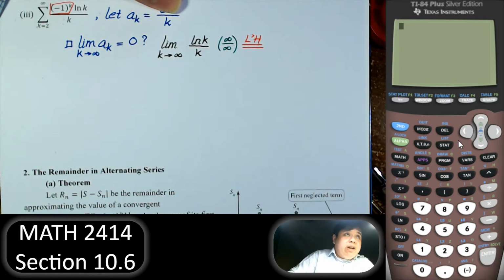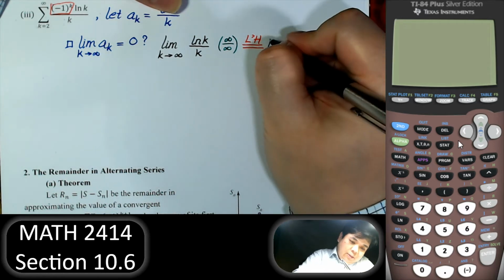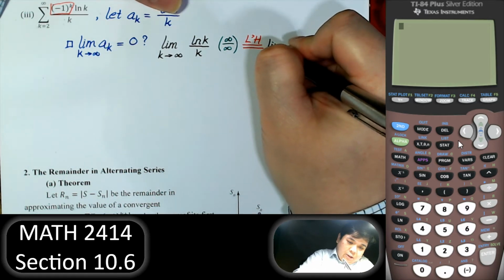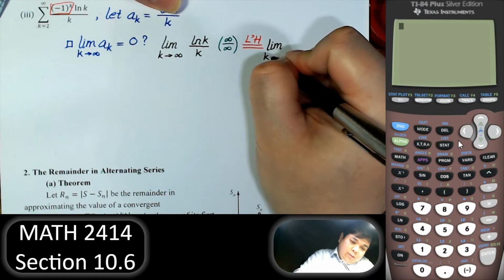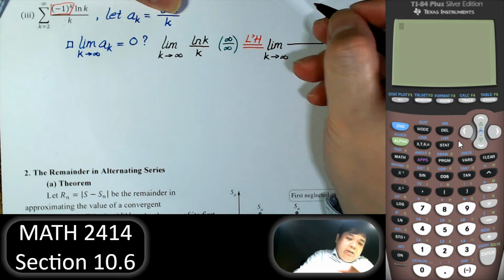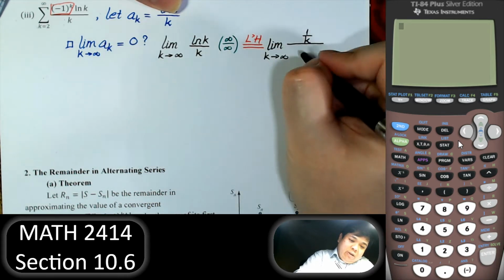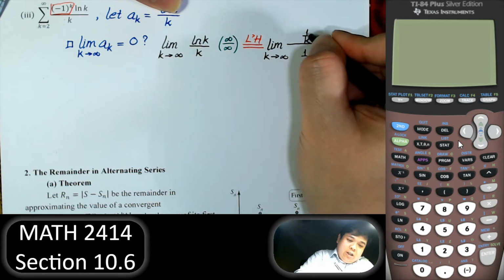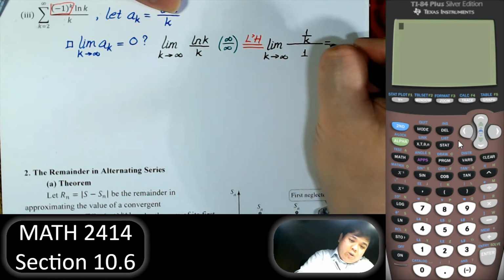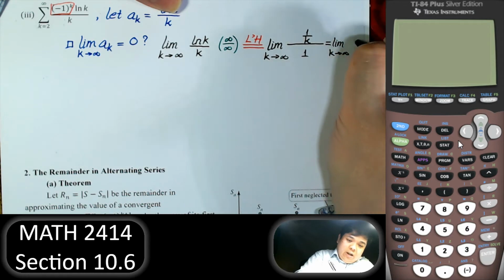So taking the derivative of the top over the derivative of the bottom. The derivative of ln of k is 1 over k. The derivative of k is 1, so we divide by 1 itself. So pretty much we just have the limit as k goes to infinity of 1 over k.